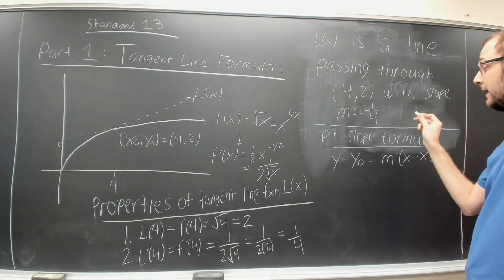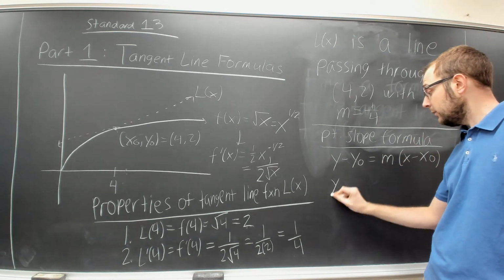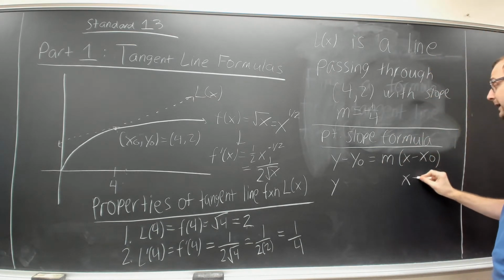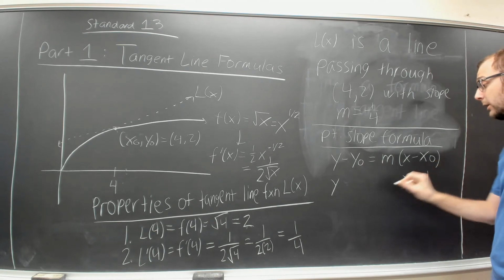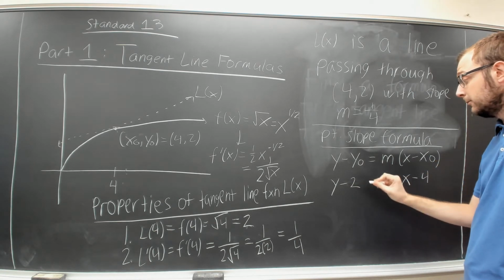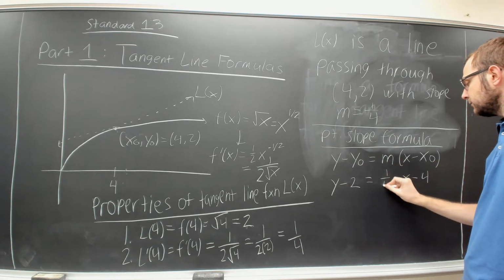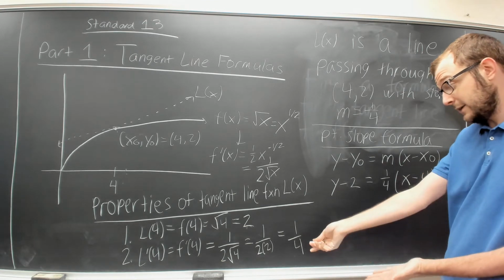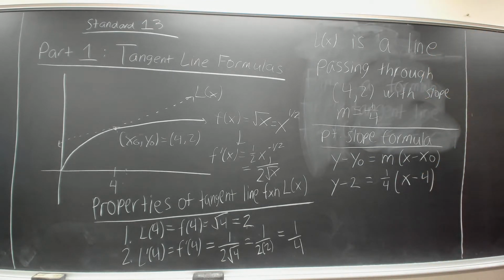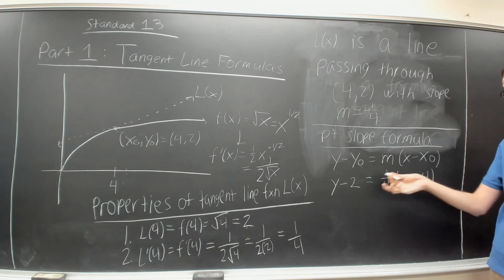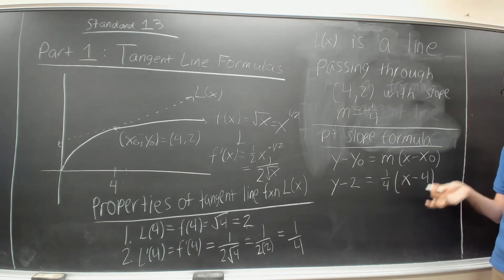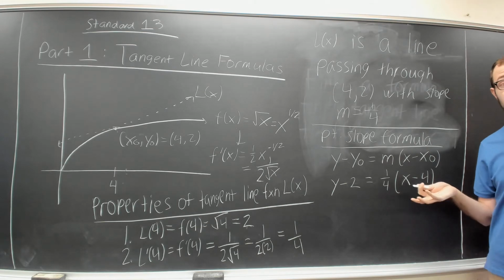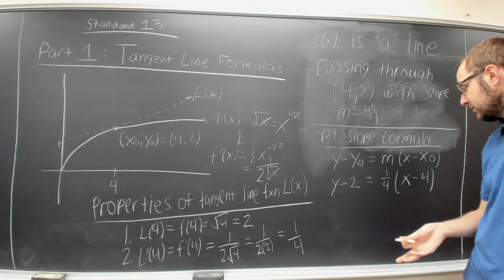So plugging in that information, at a value of x naught equals 4, we're going to get a y naught equals 2. And since our line has a slope of 1/4, which we found down here, our tangent line has point-slope formula of y minus 2 equals 1/4 times x minus 4.